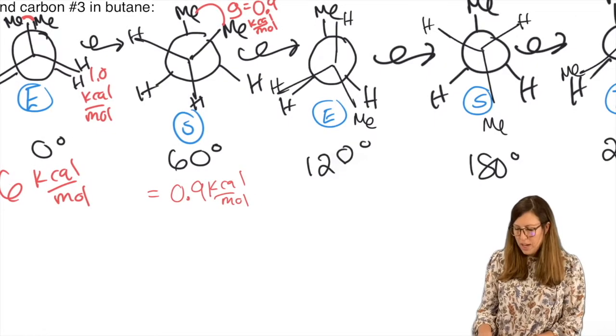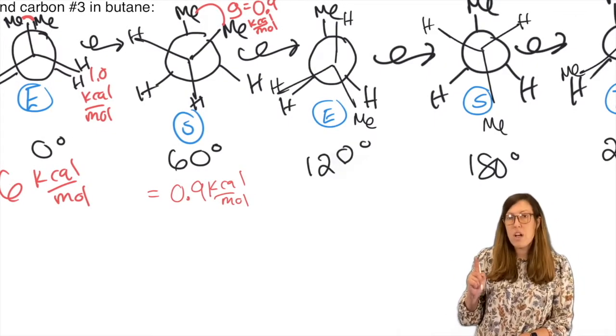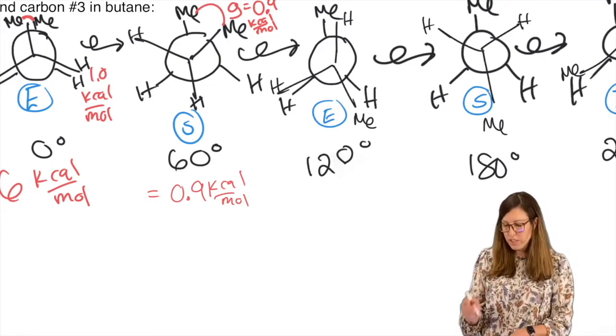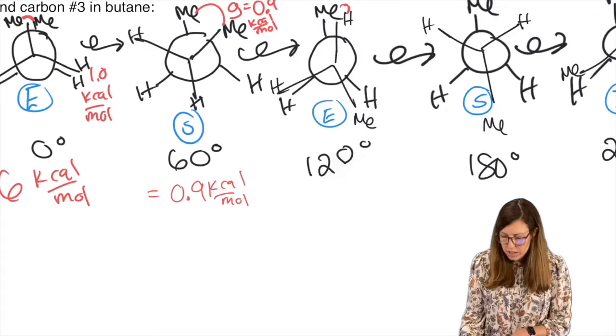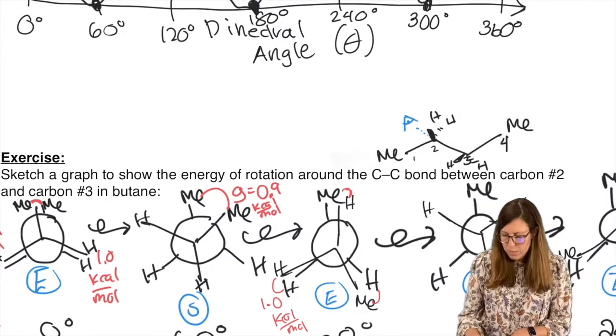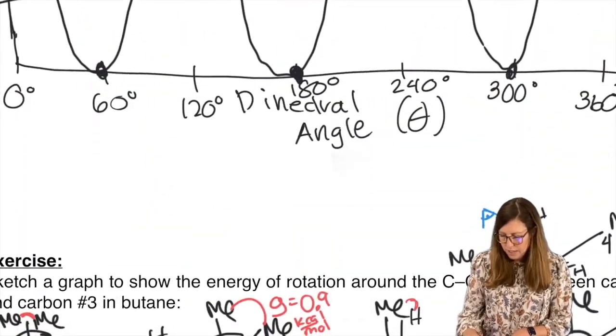Okay, now let's go back to eclipsed. However, this time we are not using that whopping 4.0 value because the methyls are no longer eclipsed. The methyls are eclipsed with H's. Okay, so if you remember, this was 1.0, the H's and H's eclipsed, kcals per mole. What about H in methyl? Do you remember that number? No, we haven't used that yet. H in methyl is 1.5 kcals per mole.